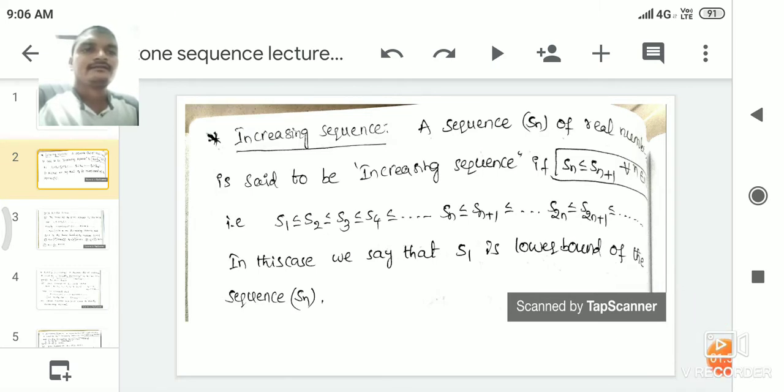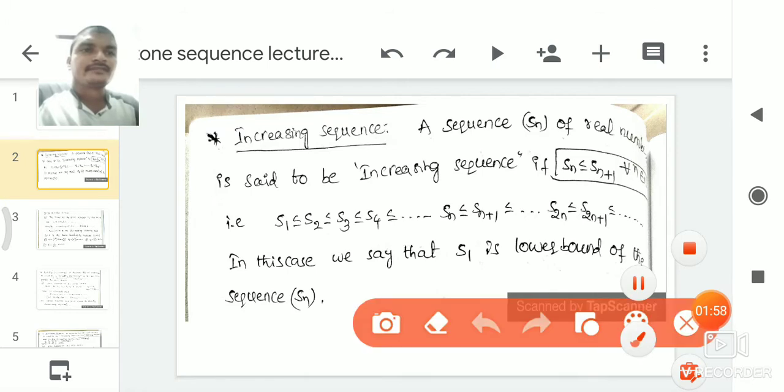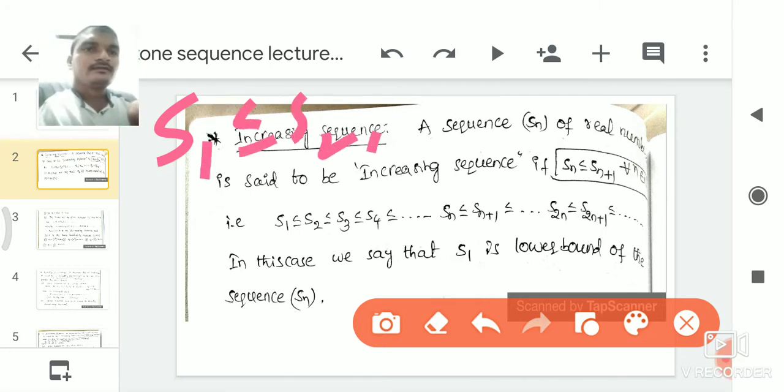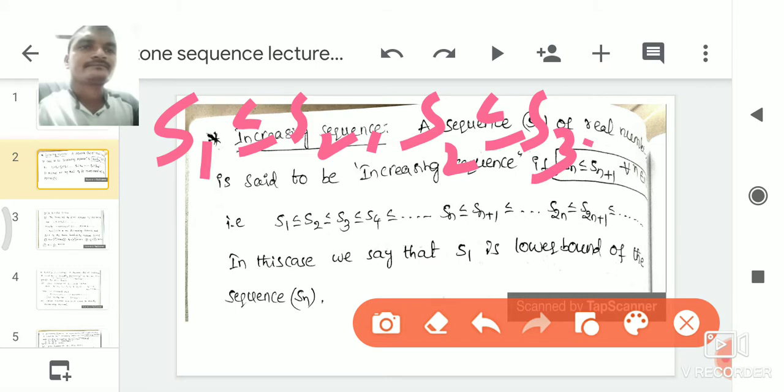If we substitute n equal to 1, we get S1 is less than or equal to S2. Substituting n equal to 2, we get S2 is less than or equal to S3. With n equal to 3, we get S3 is less than or equal to S4, and so on.